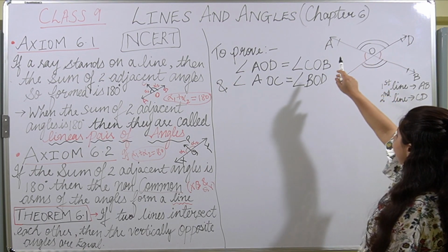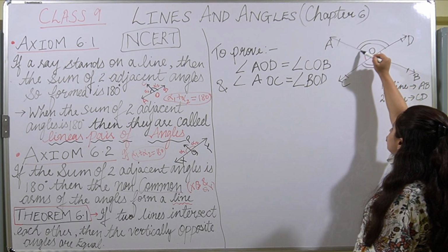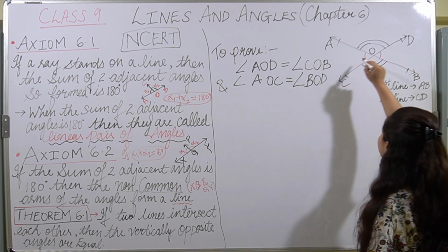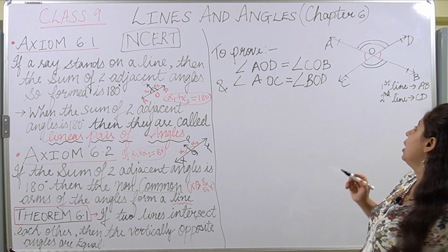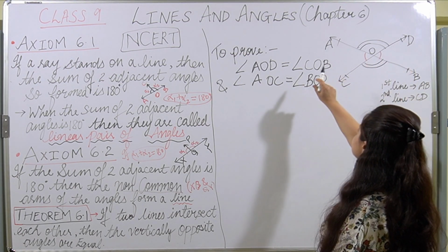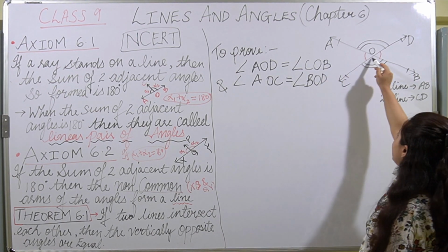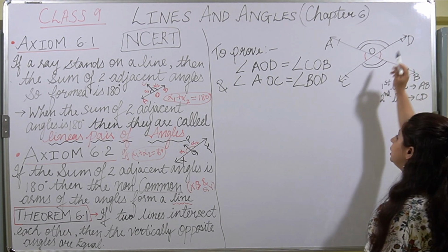The first pair of opposite angles is AOD, which I have marked with two arrows over here. AOD is equal to COB, that we have to prove. And the second pair of vertically opposite angles is angle AOC equal to angle BOD.